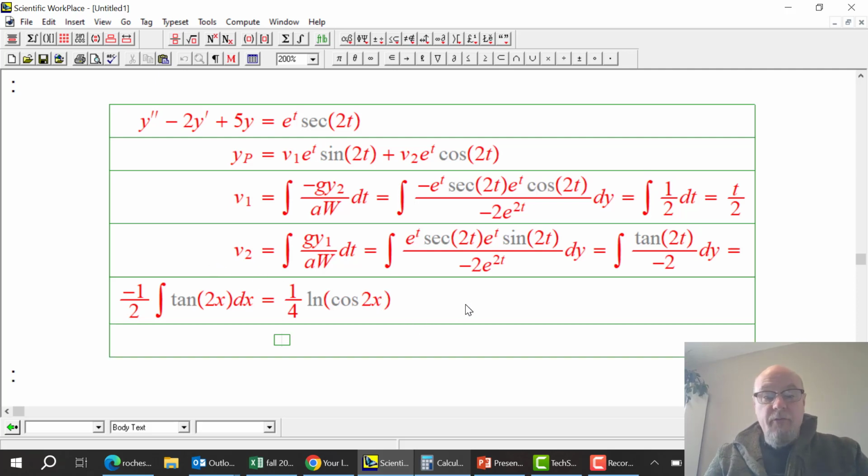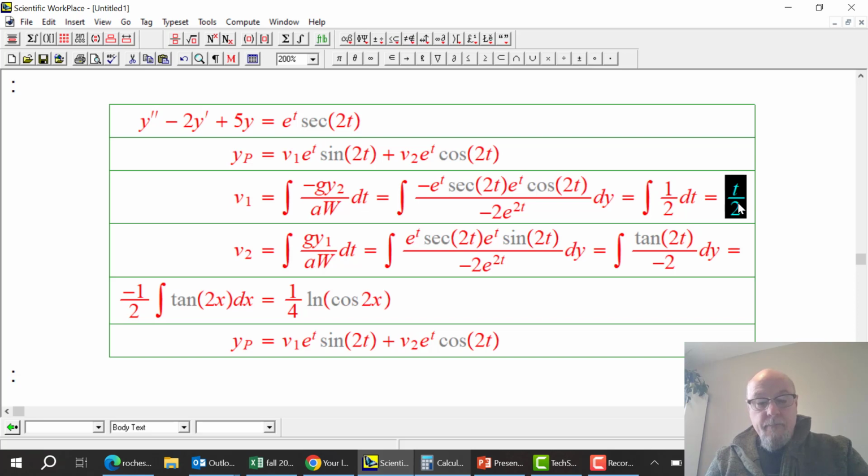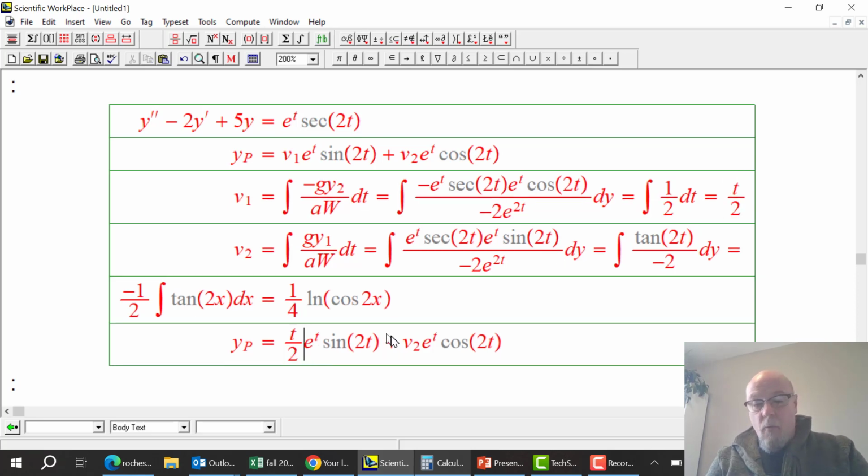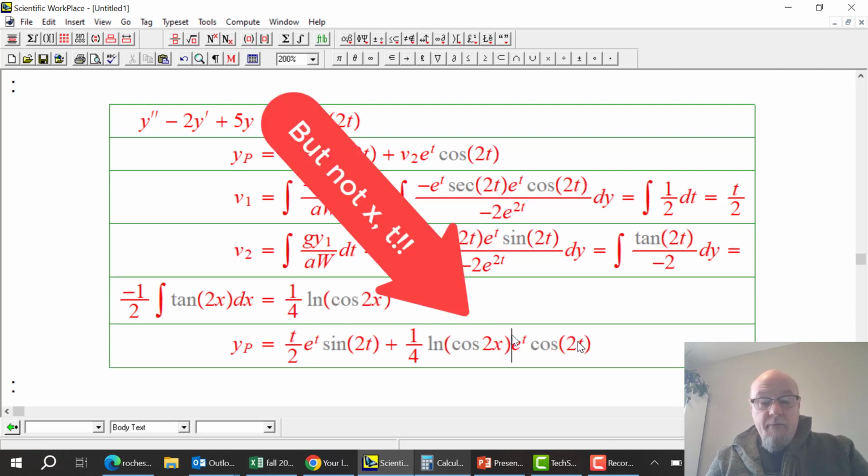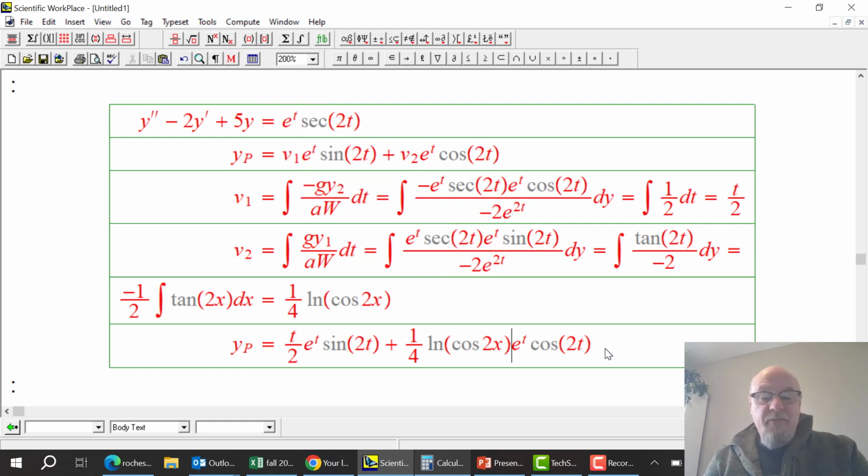So our particular solution is going to be v1, so our v1 is just this t over 2, times y1, and v2 is, so I've got my v1 y1, v2 y2. It looks messy, but this is the particular solution.